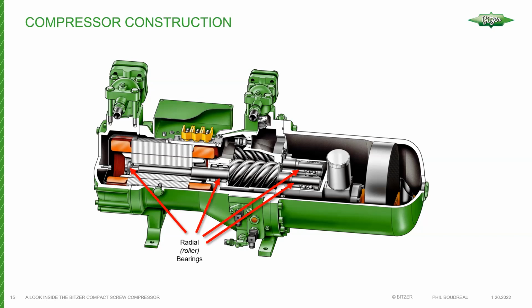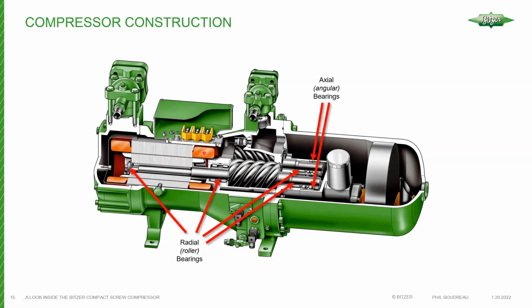So in this case, we have two types of bearings. The first being the roller type bearings, basically to support the shaft movement up and down, side to side. And then there's the axial type bearings, which prevent axial movement, specifically towards the suction.